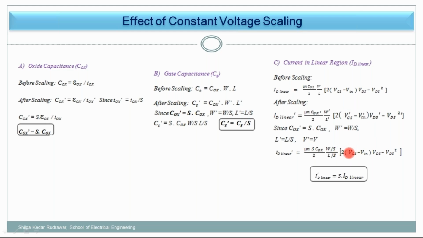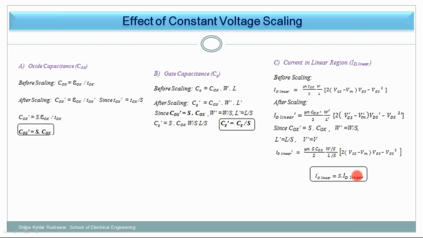And that's why, after putting this value over here, what you are getting is that the drain current in linear region is increased by factor S. Previously it was reduced by factor S. Here it is increased by factor S. So in terms of gain, it will be more over here.